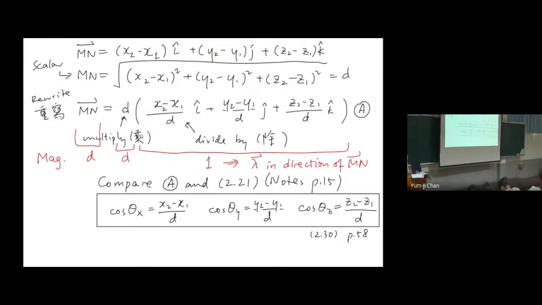If you don't want to copy this down, it is on page 58, 2.30.